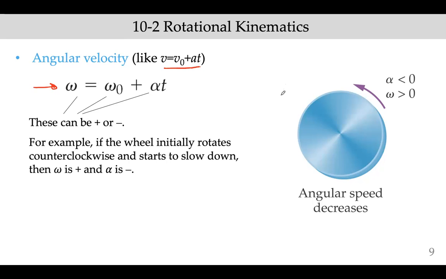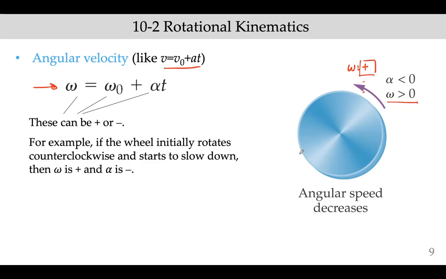So if you remember our definition, if the wheel or the disk rotates this way, that would mean positive angular speed or angular velocity, because this is counterclockwise, and we define counterclockwise as positive.